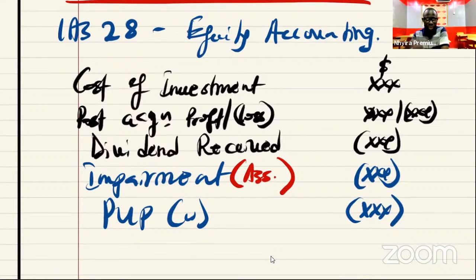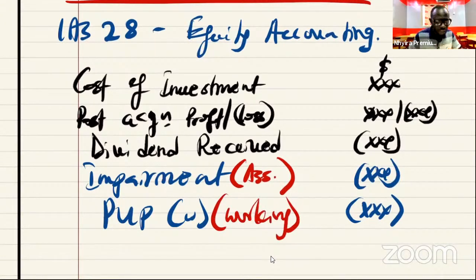And I want you to stay with me as we continue, because when we start to solve questions, I'm going to be explaining this in much detail later on. So you're going to be doing workings for this. Now, the way you deal with provision for unrealized profit in the associate is that you only take our percentage of ownership in them. And that is very, very critical in relation to that.